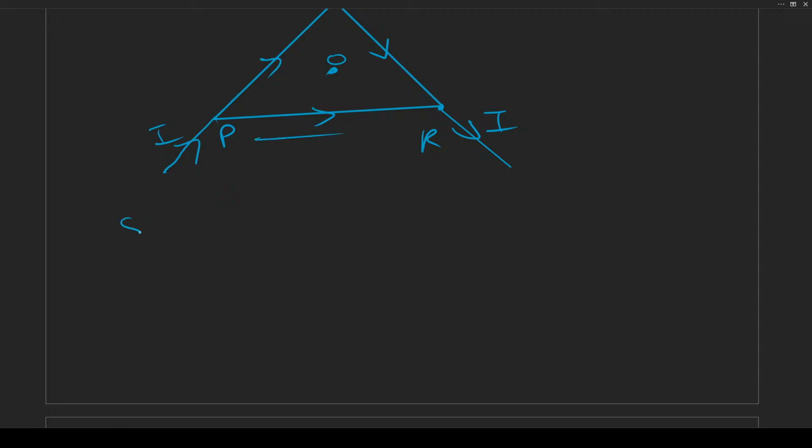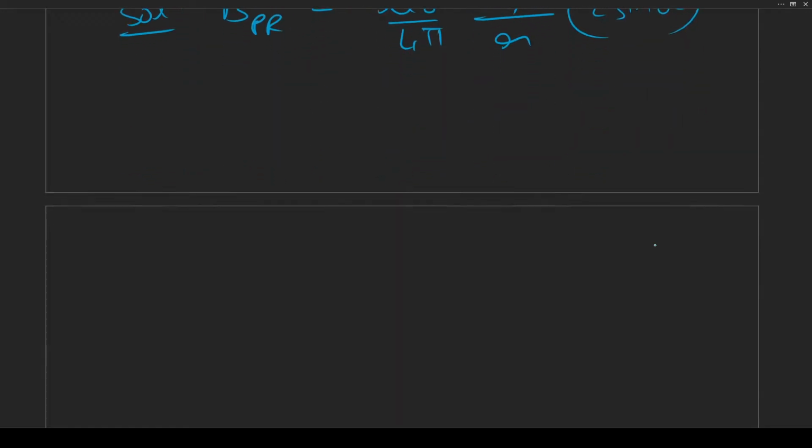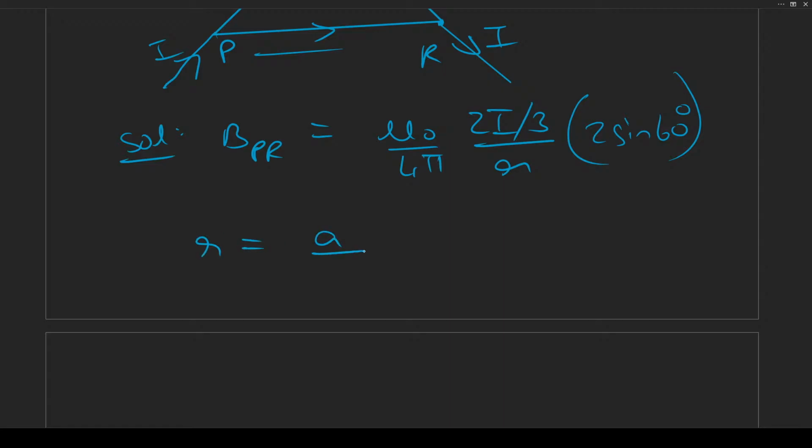If we consider due to this segment, let's consider first segment PR, B PR, which is equal to mu naught by 4 pi 2I by 3 by R, where two-thirds of the current will go through PR, and 2 sine 60 degrees, where R will be equal to A by 2 root 3, which is L by 2 root 3, and finally B PR is equal to mu naught by 4 pi 2I by root 3 R.